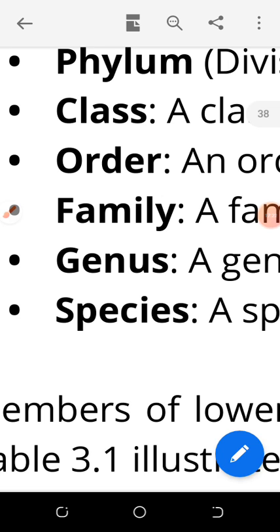The nomenclature which tells how animals and plants are named is called binomial nomenclature. Students, I will finish today's session with this term, the binomial nomenclature.